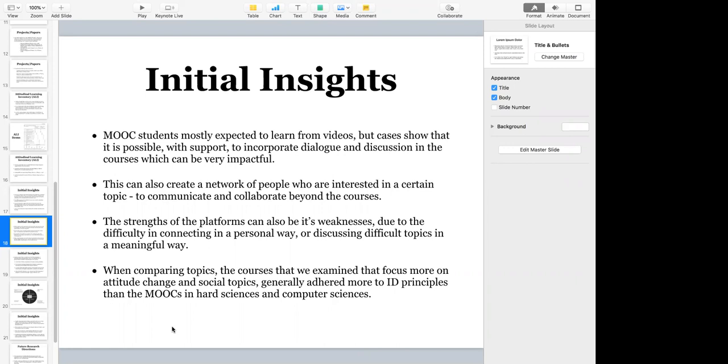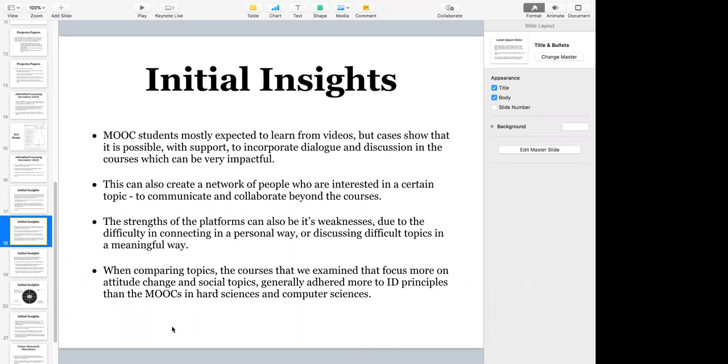The strengths of the platform can also be its weakness. Again, there are difficulties. So for example, the human trafficking course really did not have much support. It was really one professor really driving the whole thing with no teaching assistance, with no administrative support.